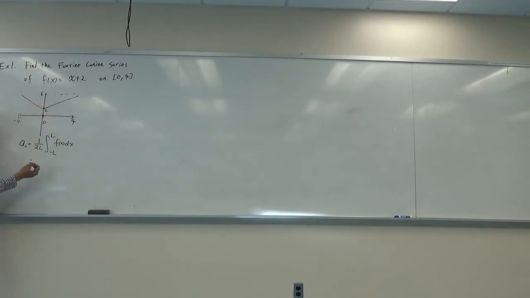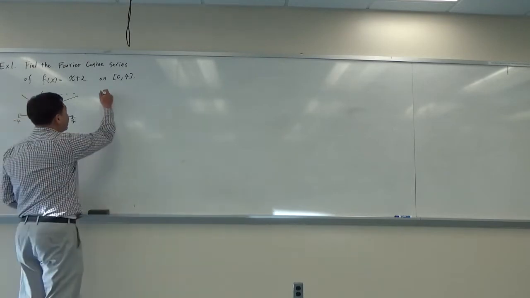Although you feel like you still have to do some integral, in practice it does significantly reduce the amount of calculations, so you really want to use this formula instead. So instead of this formula, when f of x is even, you want to use this formula, okay?